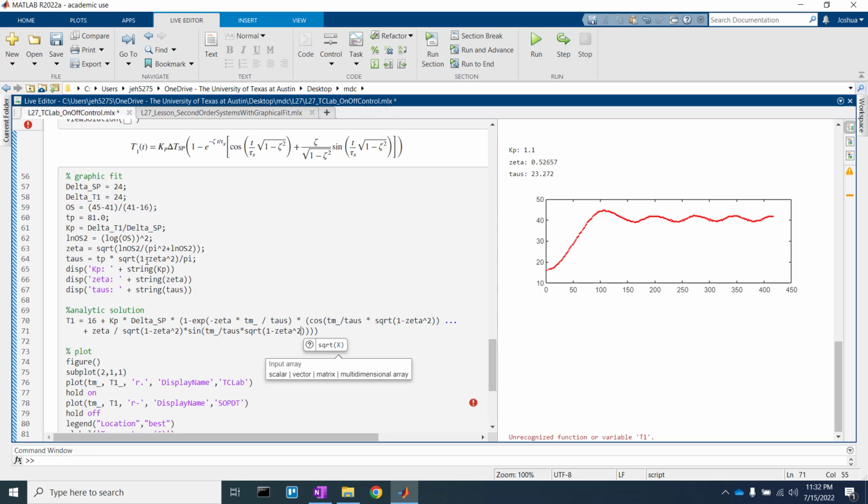And I believe, did I do 1 minus zeta squared? Oh, divided by pi. I was thinking maybe there's another variable I could toss in there.